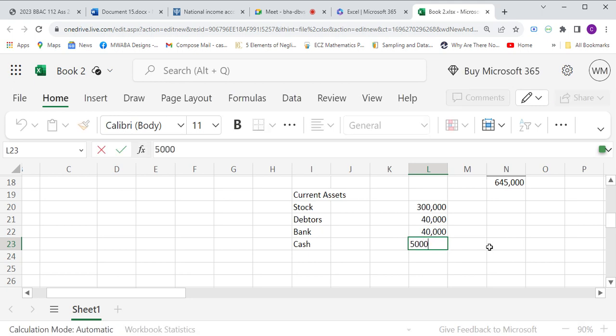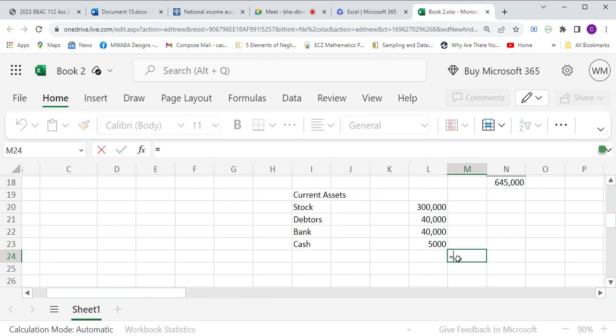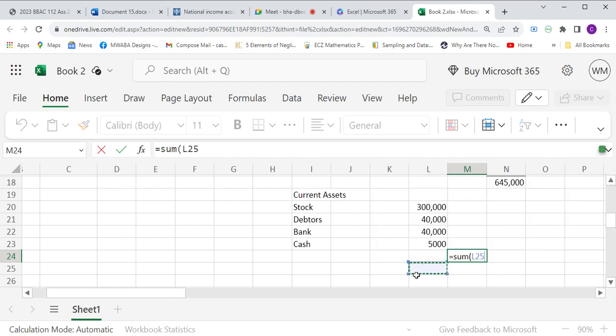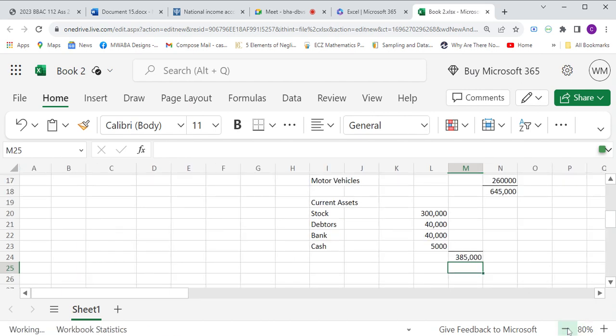So we total up our current assets. Stock plus debtors plus bank plus cash, 385,000. All right.